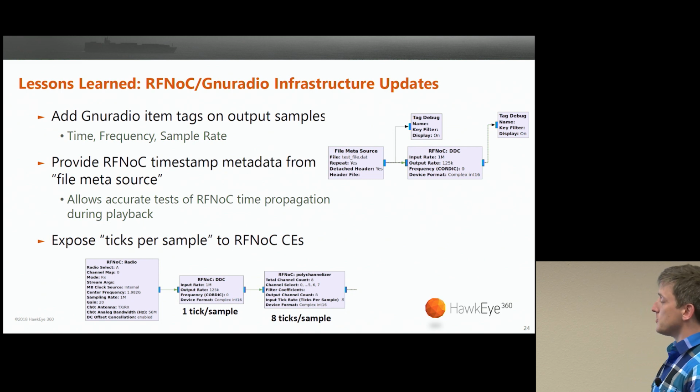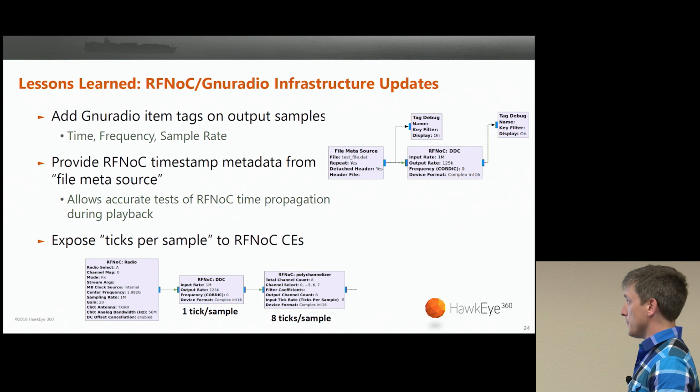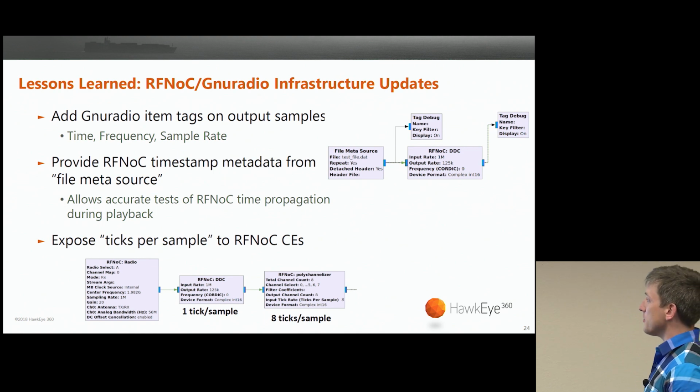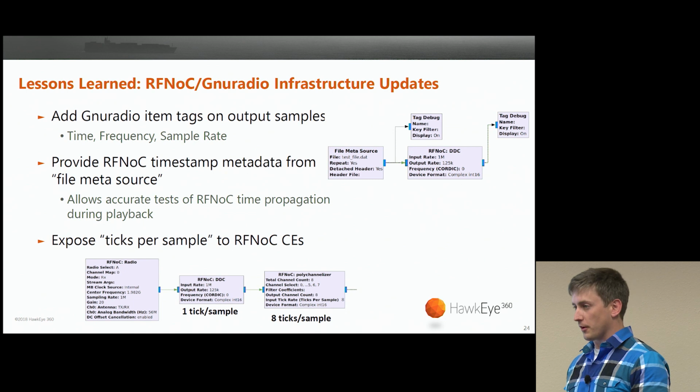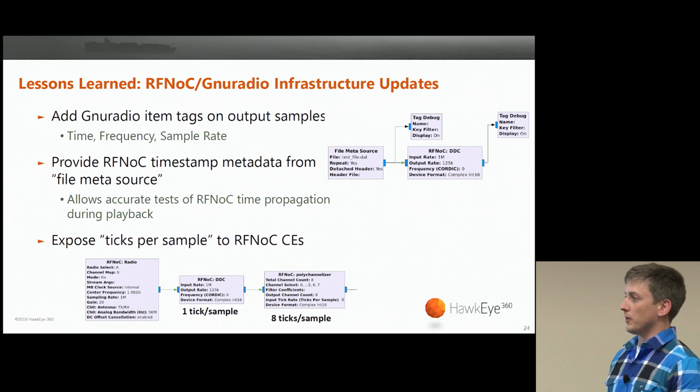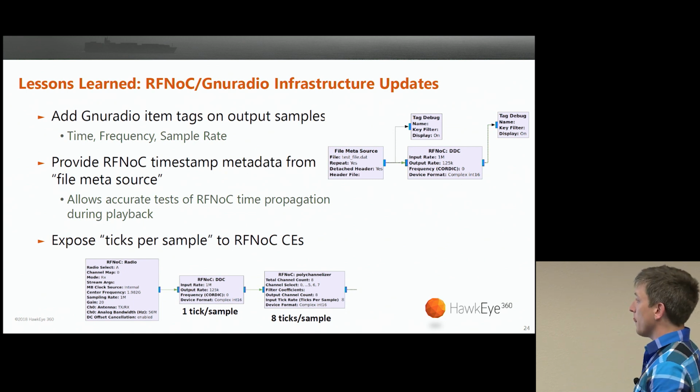By default, you don't have that on the RFNoC blocks. So first thing, you need to do that. We have some hooks to be able to do that. It's not really cohesive with the overall RFNoC infrastructure. So I think that's one thing I want to start a discussion on, is how we improve that.